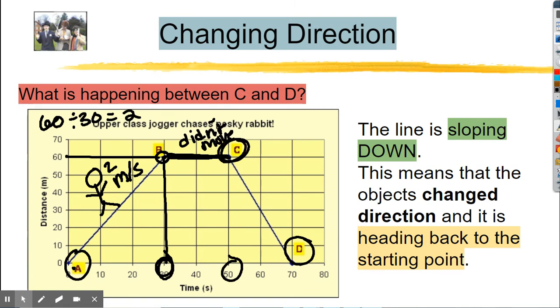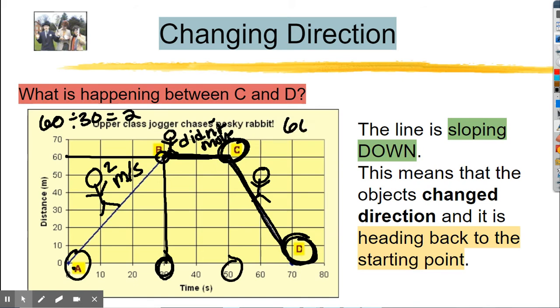But then from C to D, you would think that if the line is going down, that you would be decreasing speed or something along those lines. But all that means is that I'm a jogger, I'm running 2 meters per second. I take a break here and turn around and go back to my starting point. So we can calculate the speed from C to D as well. My distance is going from 60 to 0.